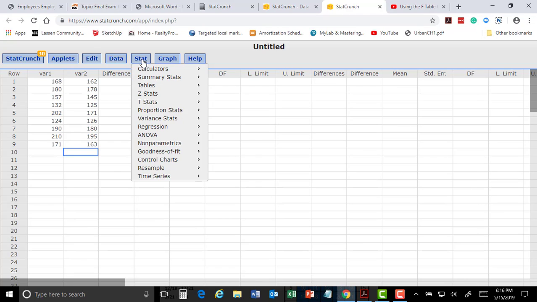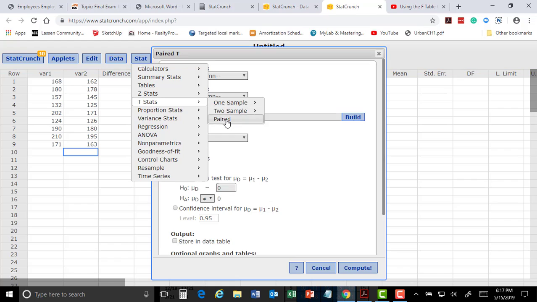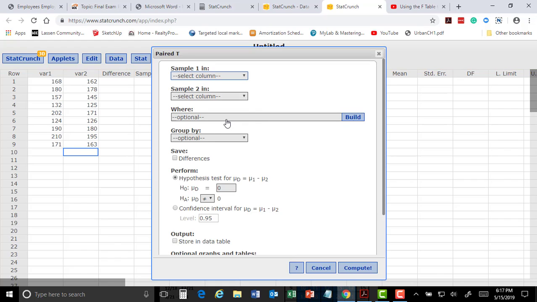We go here, stats. All right, and we're talking about mu, aren't we? Mu, right? And paired. Sample 1, variable 1, and variable 2. We want the differences.